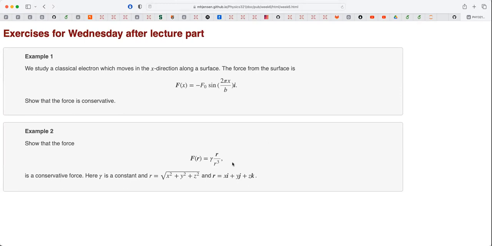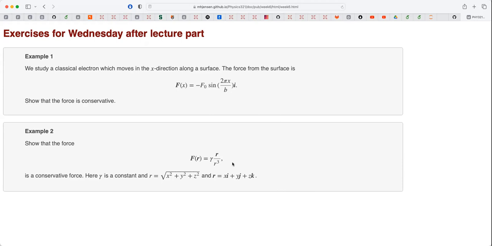We had an example of a force, and we had to calculate the curl. In the first example, the curl is automatically equal to 0, because we're just in one dimension. The curl relies on you having a plane which you can span with two vectors, and a vector perpendicular to that plane. When you're just in one dimension, the curl is automatically 0.